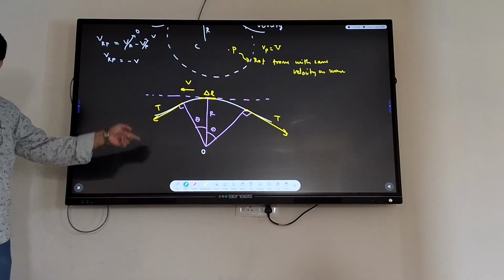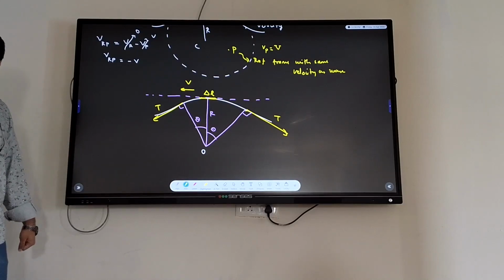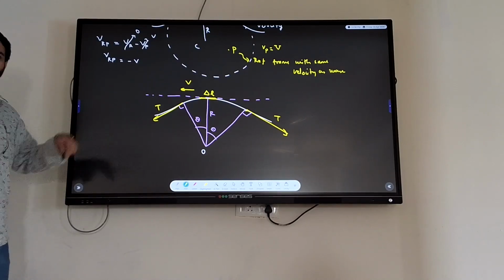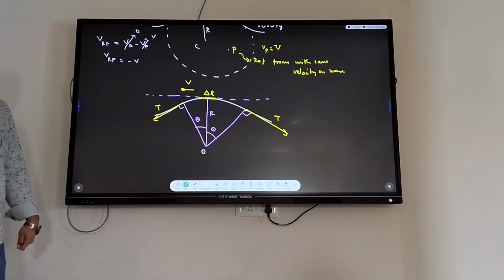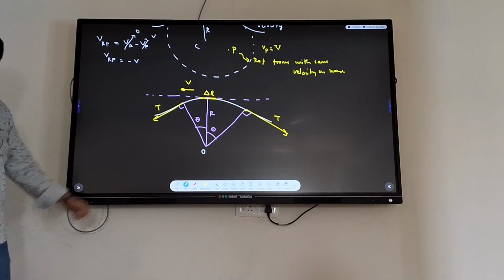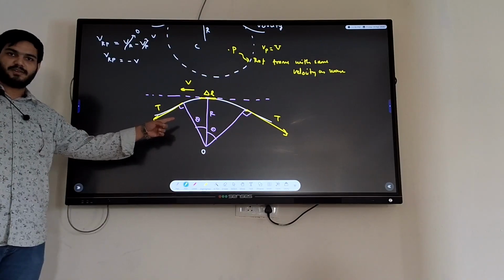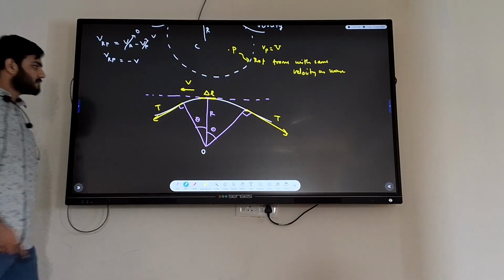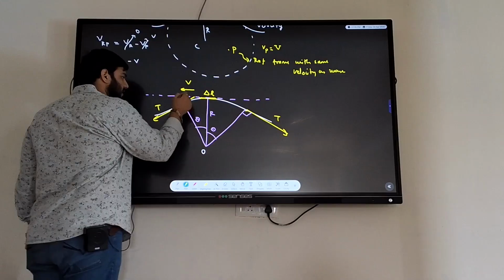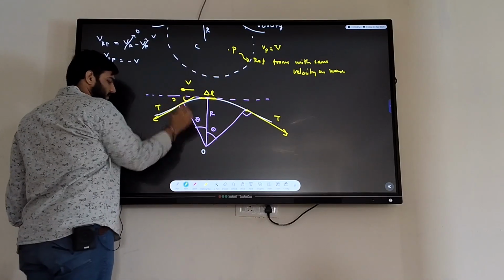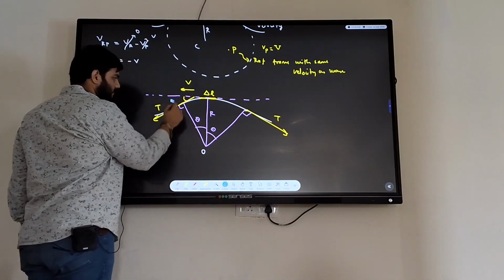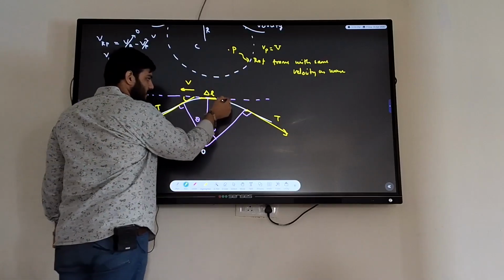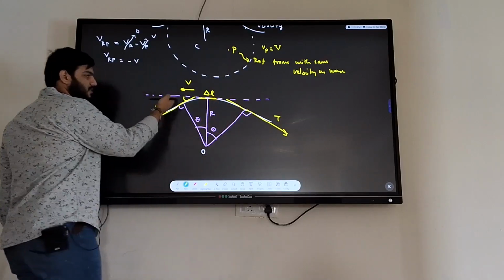Then there should be a force acting towards the center of the circle, providing the centripetal acceleration. What will that force be? I have to break these tensions into two components. Can somebody tell me what this angle will be? If this is theta, then what is that angle?